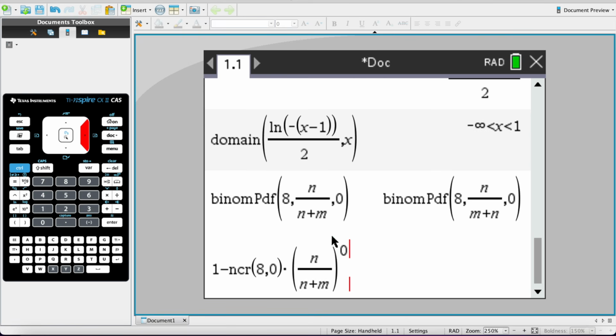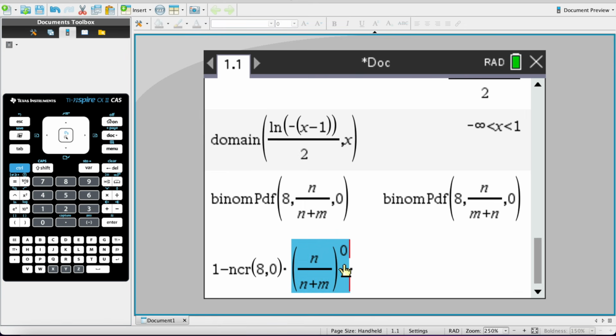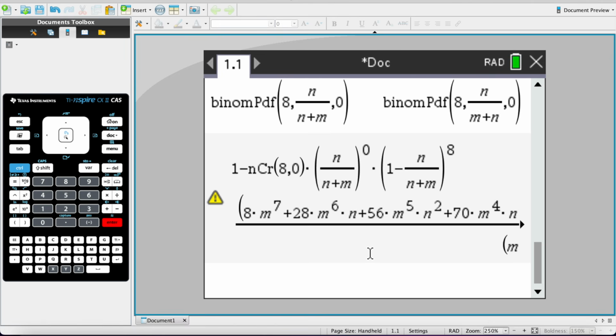We want that 0 times. And then the same thing. So 1 minus this to the power of 8. And that gives us this. 8 choose 0 is just 1. So it's just this to the power of 8.